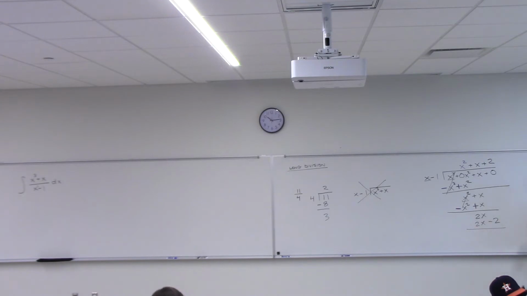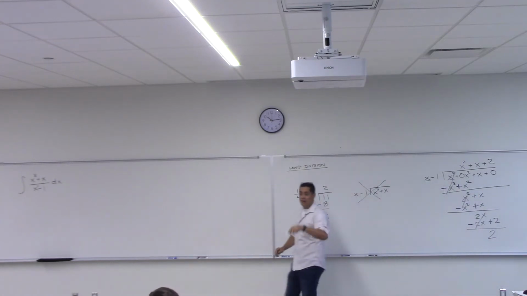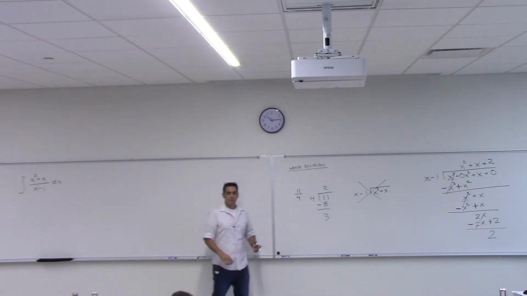Come through and subtract this row, right? Minus, plus. And the two x's are gone, and I have what here? A 2. Now you're at a point where you cannot turn x into 2, right?